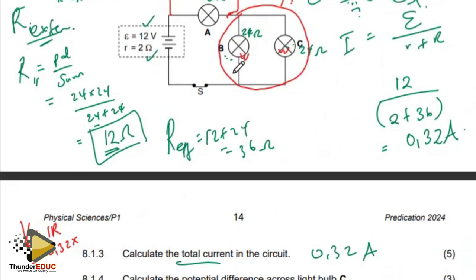It's not going to be 36. How am I going to do that? Because they want the potential difference, which is the V. Okay, let me do this.